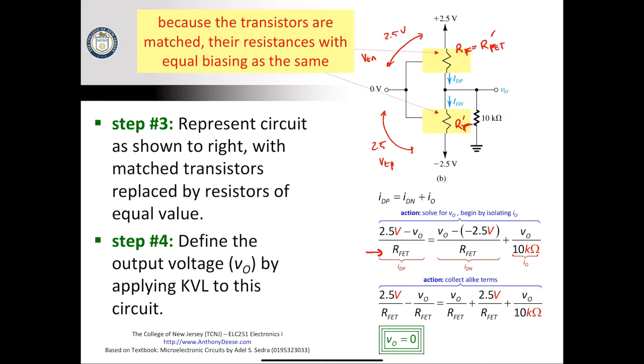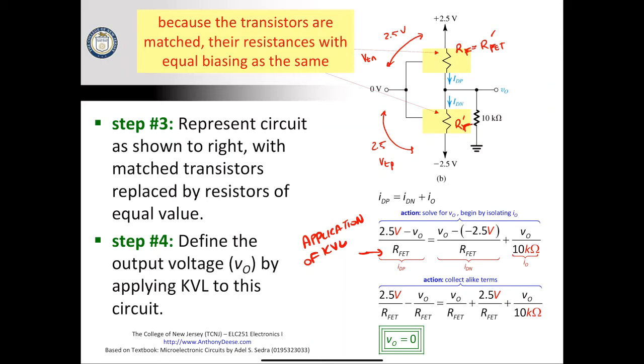And then we can define V out by applying KVL to this circuit. So this expression right here is an application of KVL. I recommend that you take a look at it. It's pretty straightforward, right? 2.5 minus VO over Rfet.